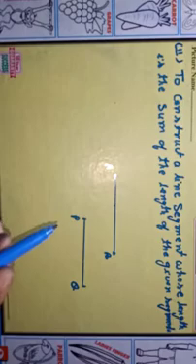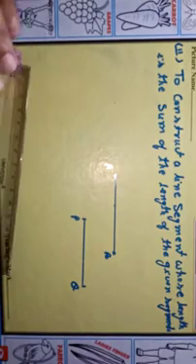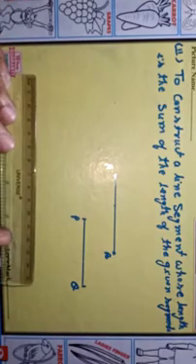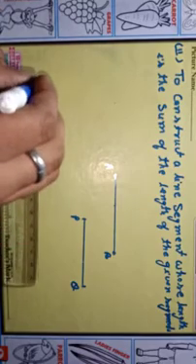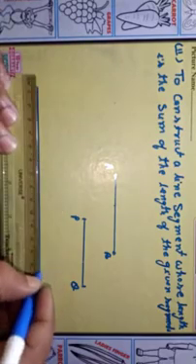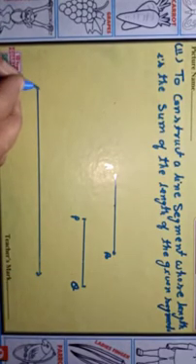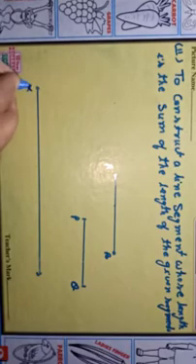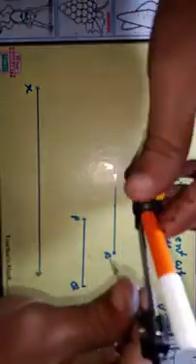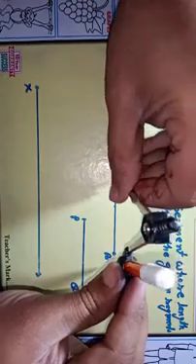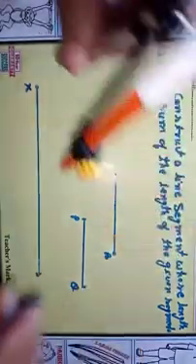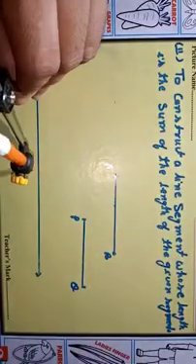Consider a line, and take the first point X. Measure the first line segment AB and construct it.